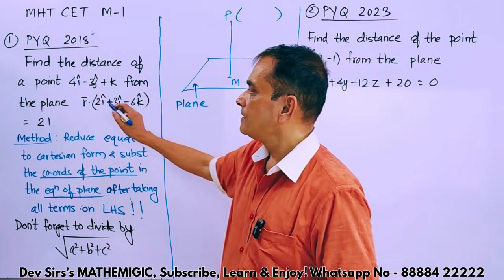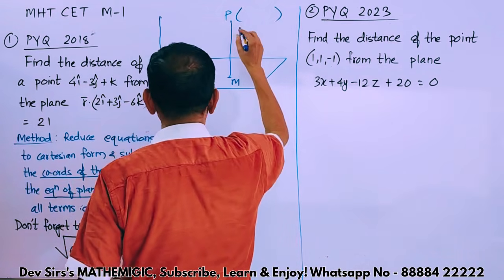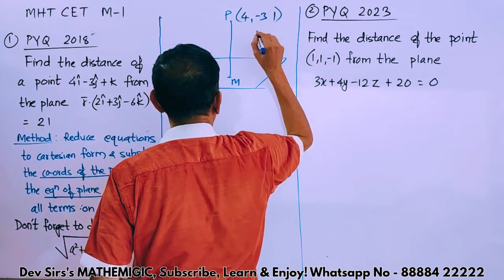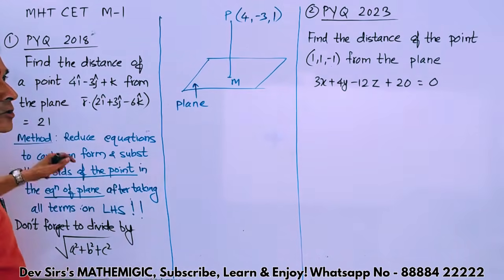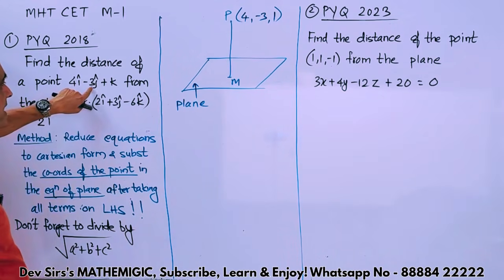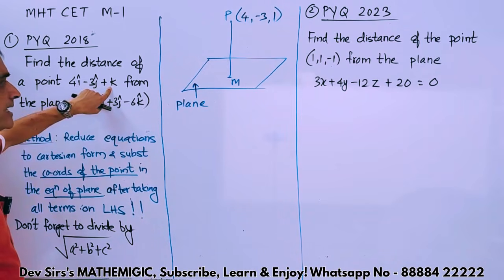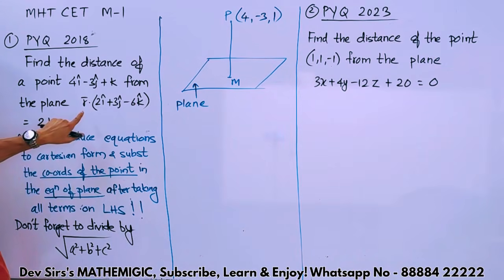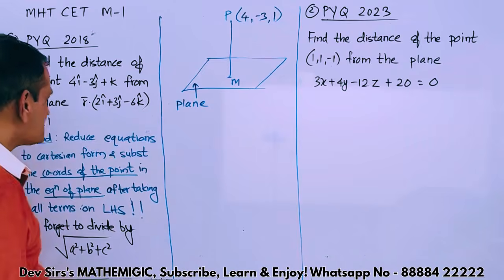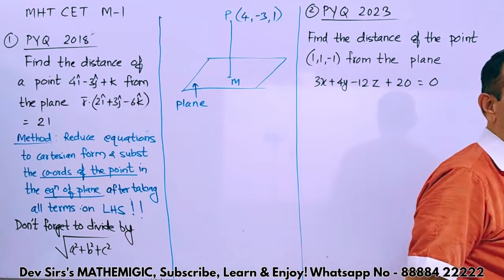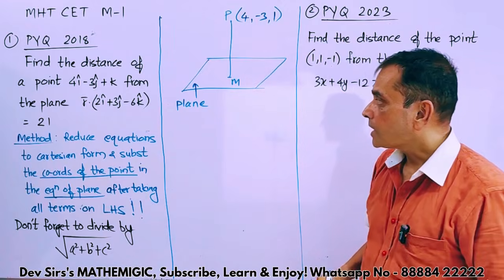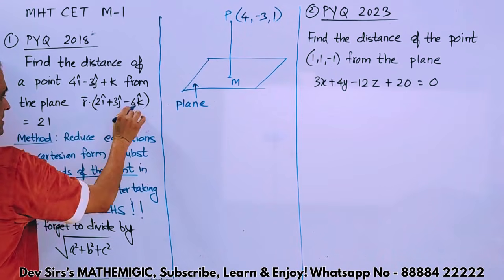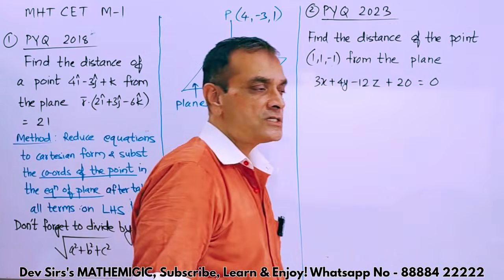Cartesian form means what? There is a position vector, so the coordinates will be 4, minus 3, 1. Just take the coefficients. We got the coefficients. Then r dot 2i plus 3j minus 6k equal to 21. How do we convert this into Cartesian form? This is the vector form of the equation. When r dot some vector is given, it is called vector form.